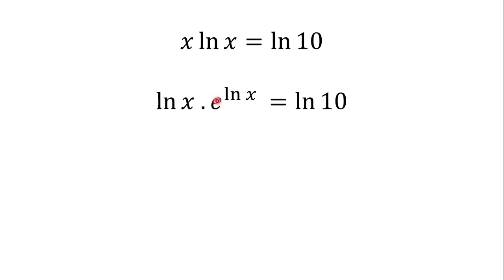Now when you compute this, it should give you this back, because the base of this natural log is e, and already we have this e here. So this e and this natural log will just cancel out and you'll be left with x. And when you multiply this x by this, it gives you what is here, that is natural log of x times e to the power natural log of x.